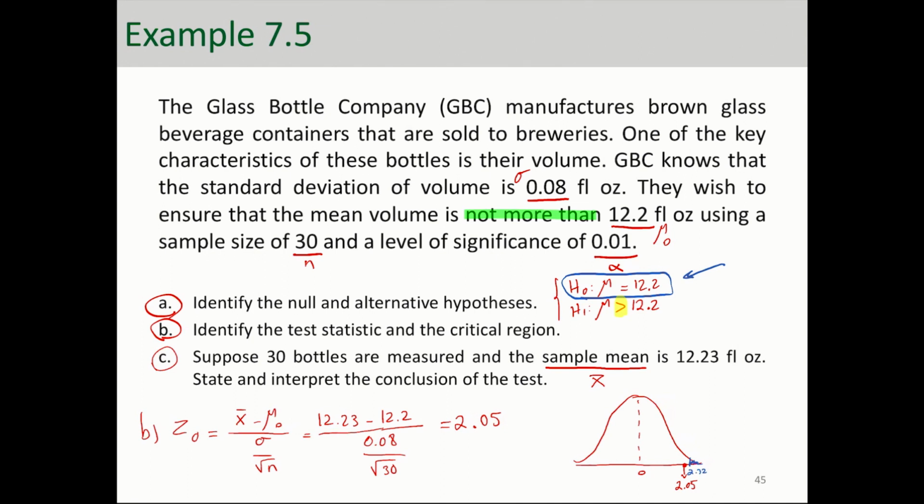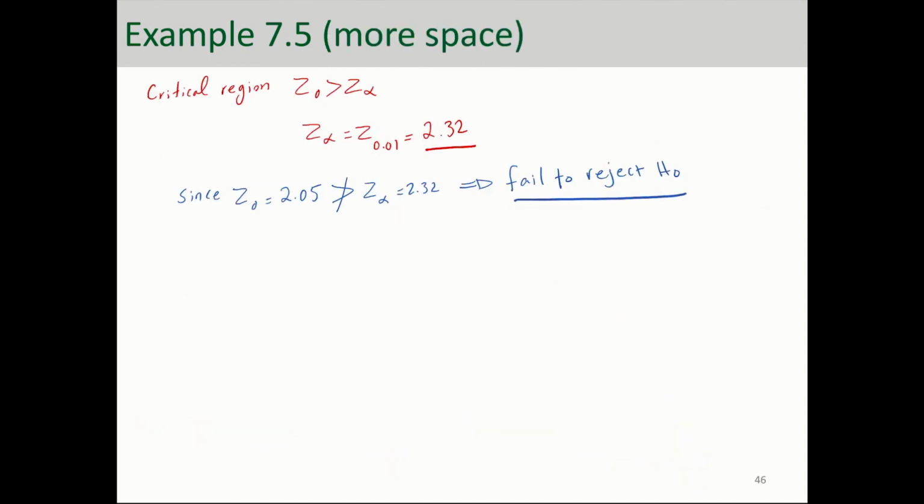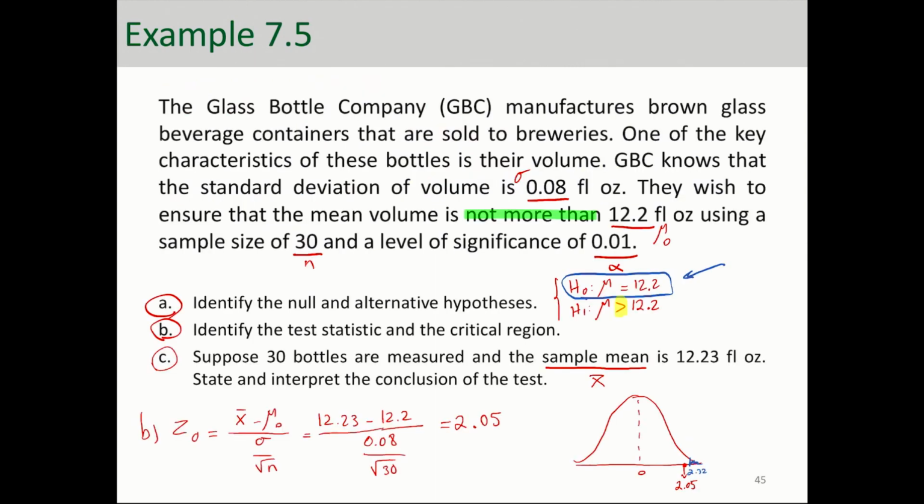We're essentially saying that, yeah, the average volume of these bottles is probably 12.2. We cannot reject that. So that's the conclusion of the test, and that is based on the comparison of your z-score with the critical region. And that's how you do a one-sided hypothesis test.